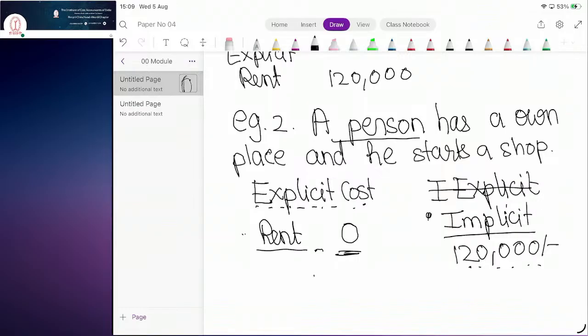But think like this, the property that you own, if you did not use it for business, that would have earned you an income of 1,20,000 rupees. You could have given it out on rent. So merely because you are the owner of that property doesn't mean that shop is free. There is a cost of using that land. That opportunity cost is your implicit cost. Did you get this?